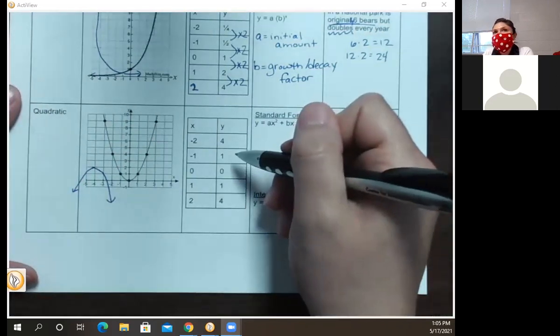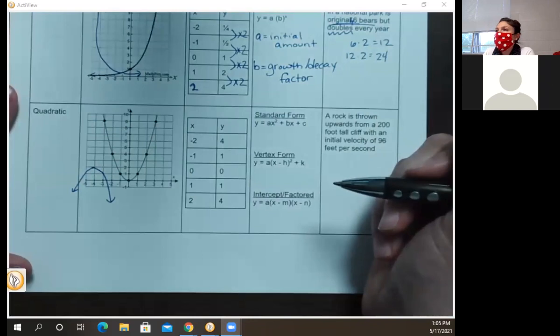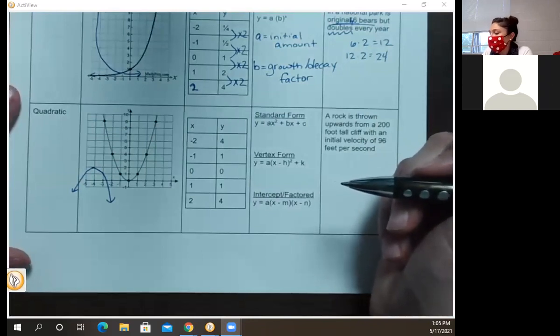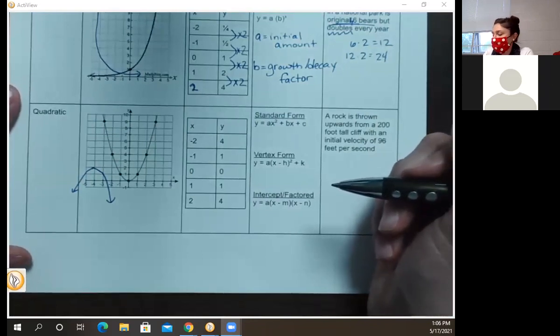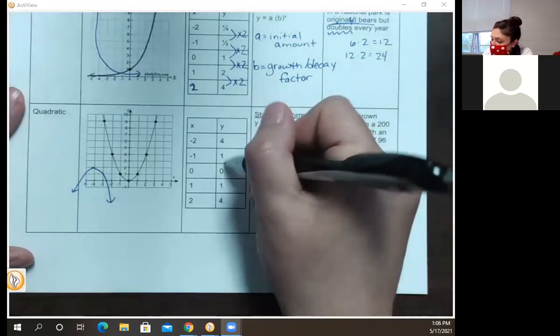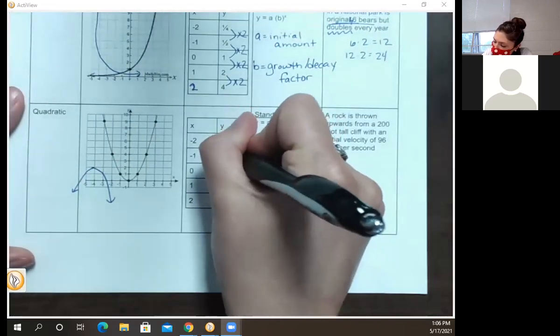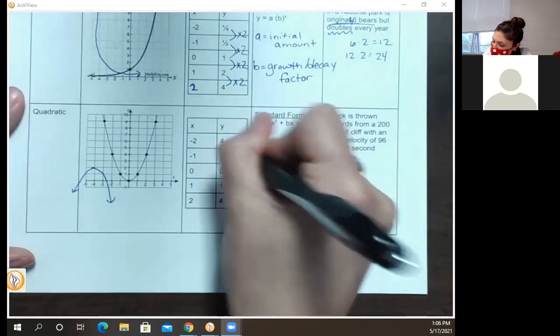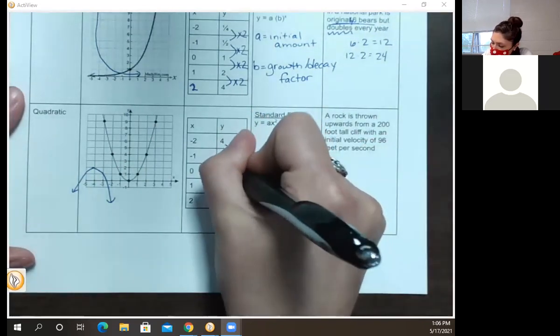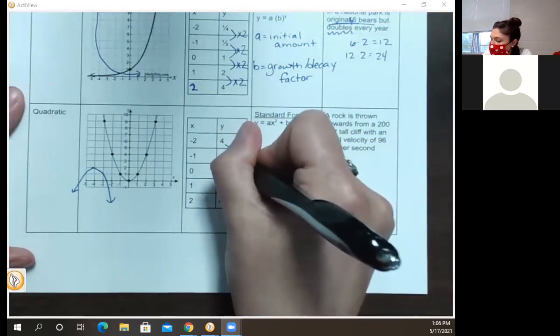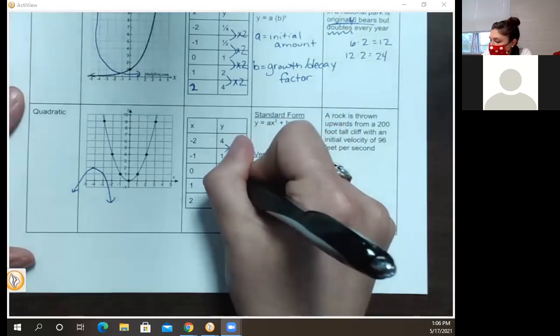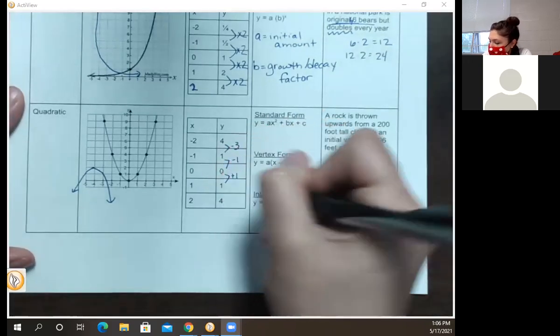In a table, we're looking for addition and subtraction patterns, but the pattern's a little bit different than in a linear function. So if we look at our y values here, to get from 4 to 1, we would have to subtract 3. To get from 1 to 0, we would have to subtract 1. To get from 0 to 1, we would add 1.